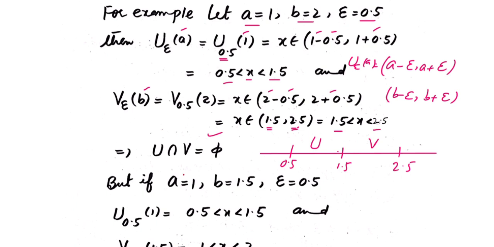But if we take a equal to 1 and b equal to 1.5, where a and epsilon are the same.